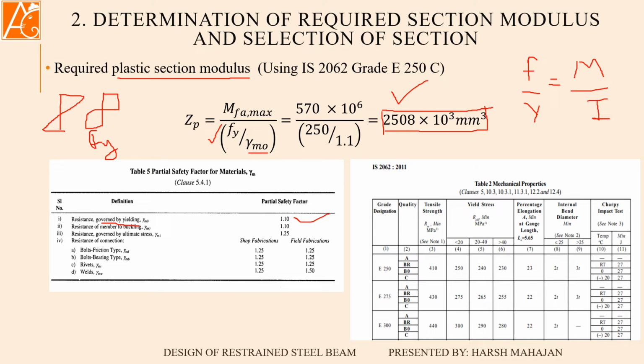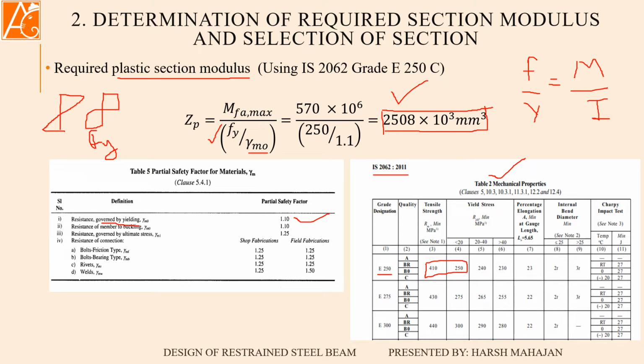Second is what is the grade of steel we are taking. So IS 2062:2011, there is a table number 2 for the mechanical properties. This table is also available in IS 800. Here you see the grade designation is written like this, E250, then there is a quality A, B, C. But the yield stress and tensile stress will be limited to this only.